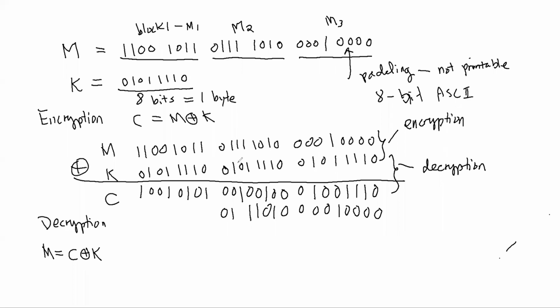You have to line up very well when you do it by hand. And then 0, 1, 1, 1, 0, 1, 1, 1, 0, 1, 0, 1, 1, 1, 0, 0, 0, 1, 0, 1, 0, 1. So then this is my M.